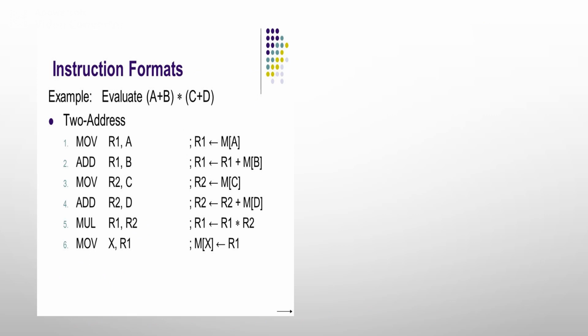So we have to write the code using 2 address instruction format. So first we'll copy, move a comma r1, content of a is copied to r1, add b comma r1.